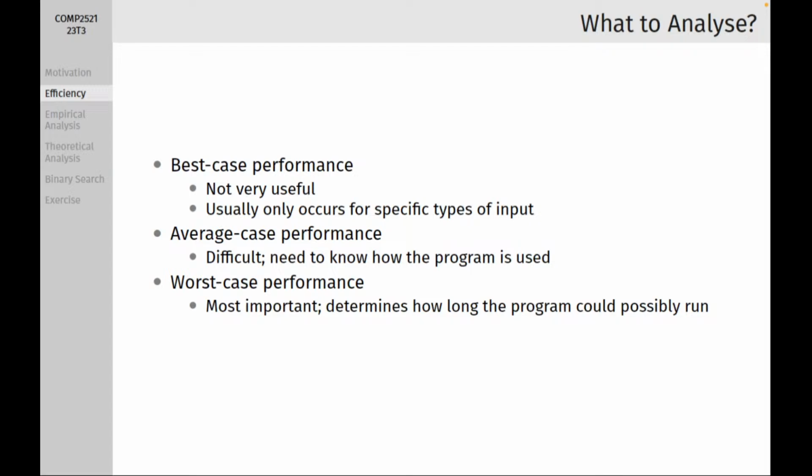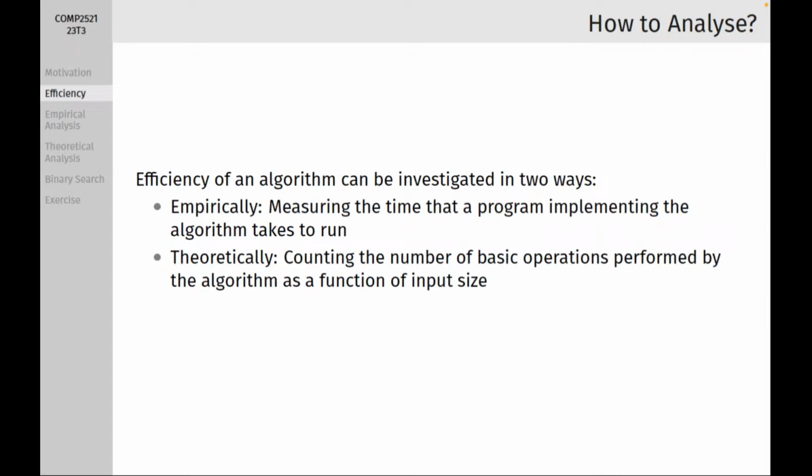Right? All right, so how do we analyze the efficiency of a program? There are 2 main ways. One is to do it empirically, and what this means is you implement the algorithm in a program, then you run it, and you see how long it takes.